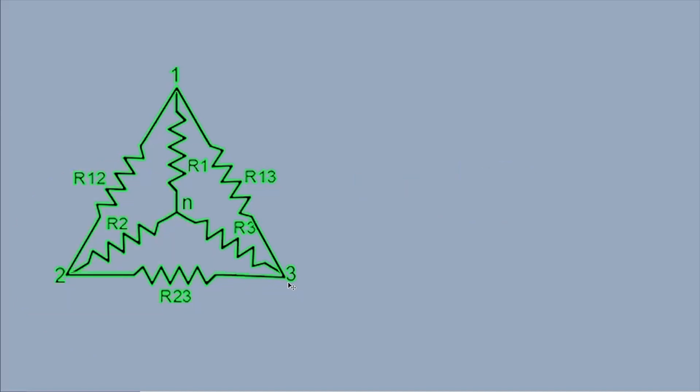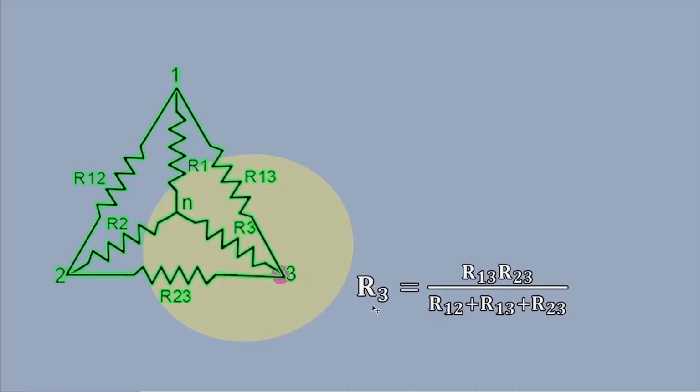And going to node 3, the value of resistance R3 is the product of R13 and R23 which are coming to the same node 3, divided by the sum of three resistances R12, R13 and R23, that is R3 is equal to R13 R23 divided by the sum of the three resistances.